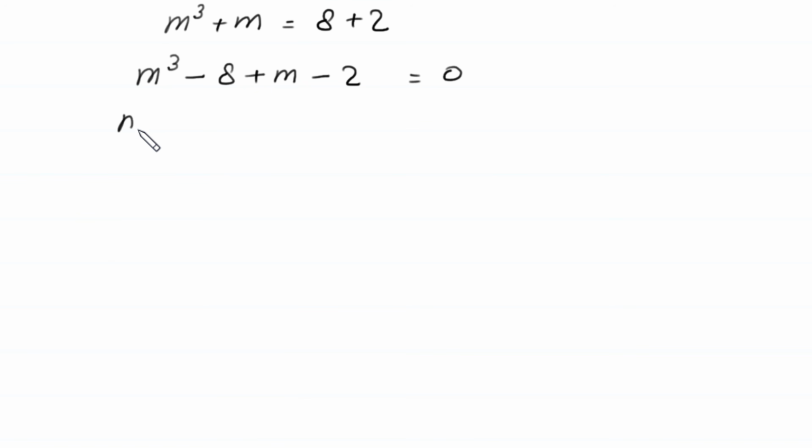Next, m cubed minus 8 can be written as 2 cubed, plus m minus 2 is equal to 0.